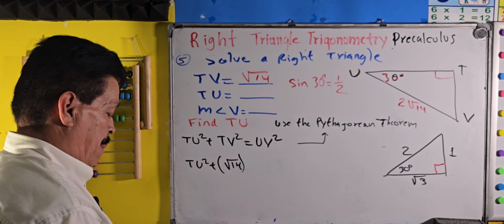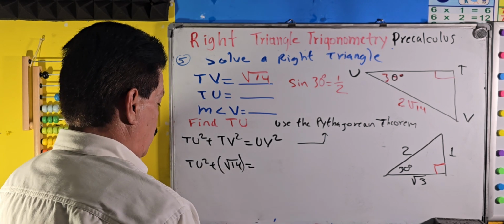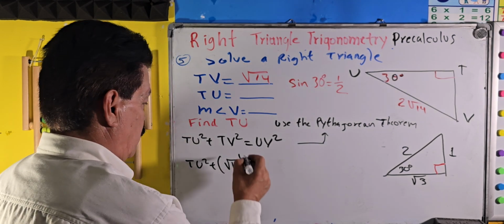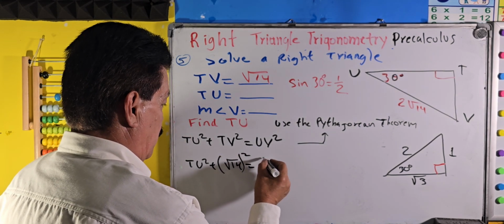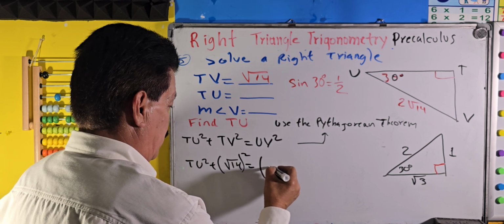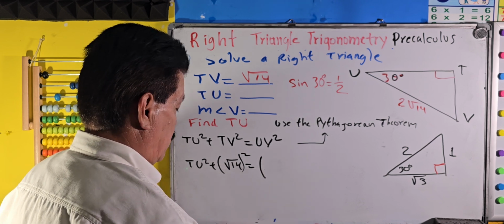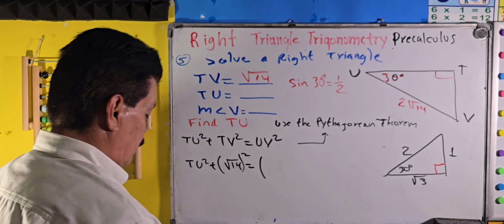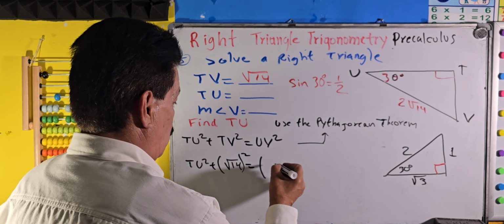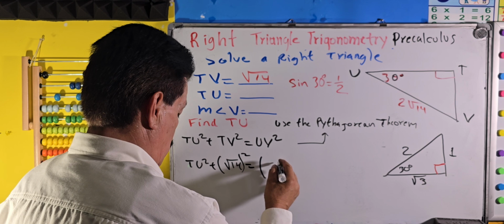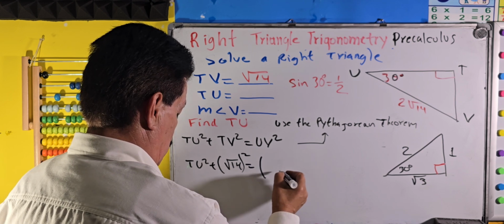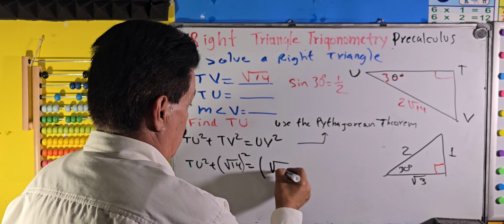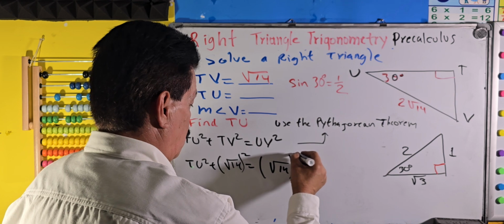All right? So this is to the second power, square root 14 to the second power.